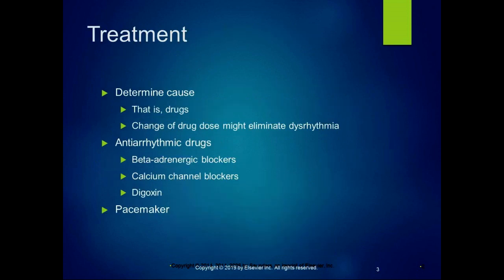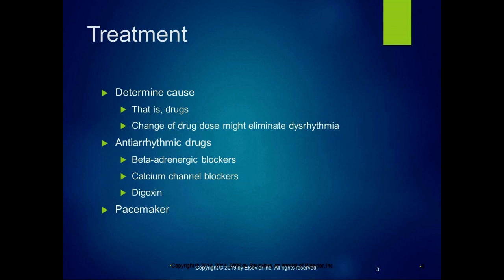So the treatment is pretty much the same for most cardiac dysrhythmias: determine the cause. Sometimes they're going to use medications. Sometimes it's caused by the medications and they need to change the drug dose.